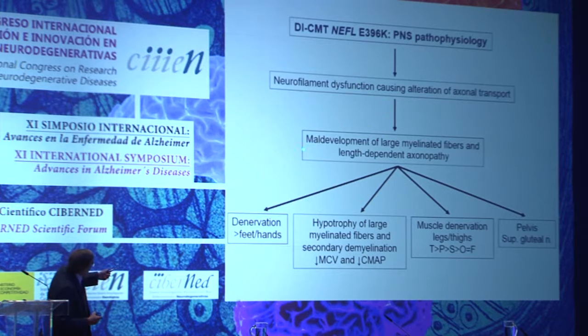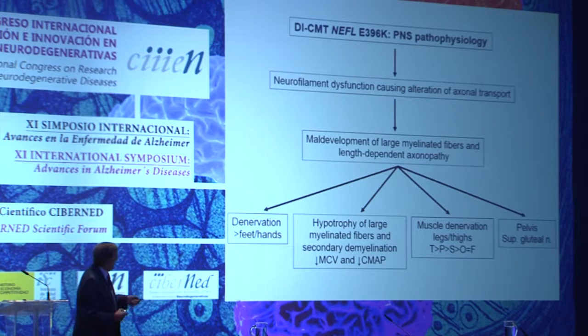This involves maldevelopment of large myelinated fibers and length-dependent axonopathy, producing selective denervation of feet or massive denervation of feet and hands, hypertrophy of large myelinated fibers and secondary demyelination, which may account for reduction of motor conduction velocity and CMAP attenuation, muscle denervation predominating in legs and thighs, but with the following pattern.